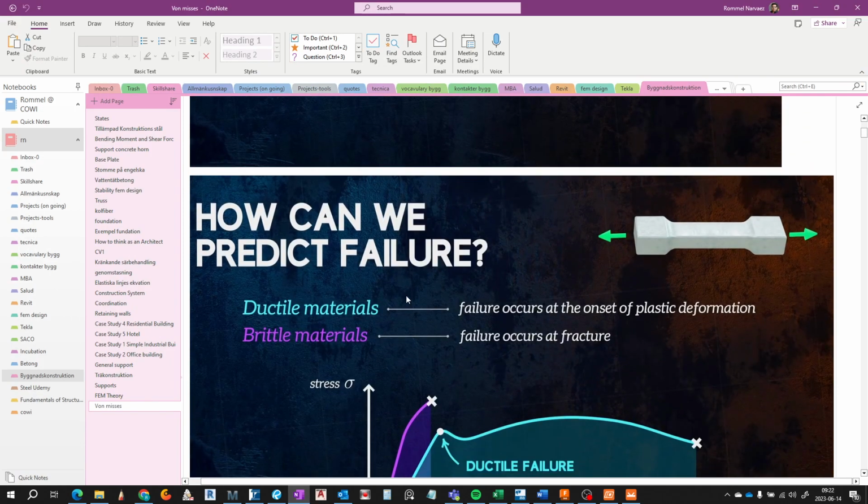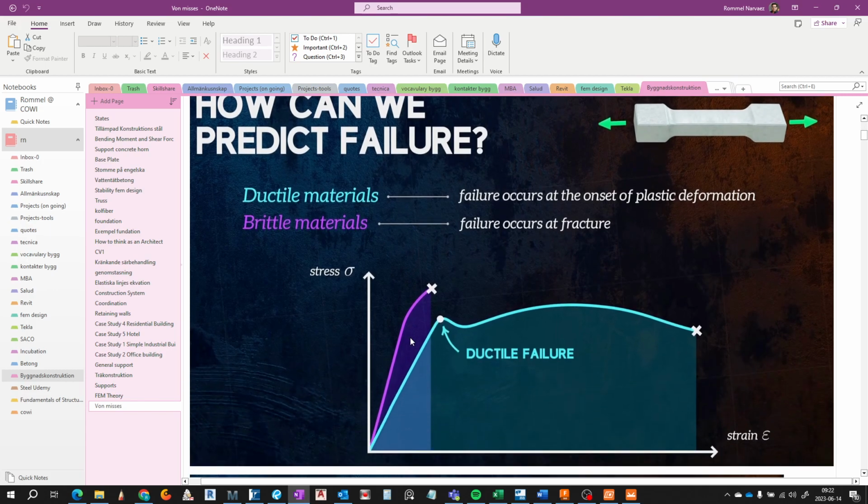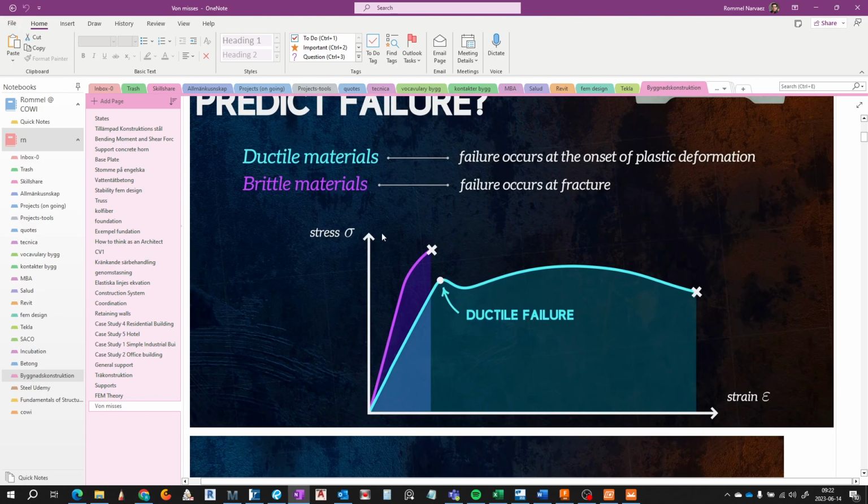We can predict failure for ductile materials and brittle materials, as you see in the picture here. We have ductile materials, and we are using a ductile material of 355 megapascal. That's the stress and strain. But there is another kind of failure, which is in brittle materials.